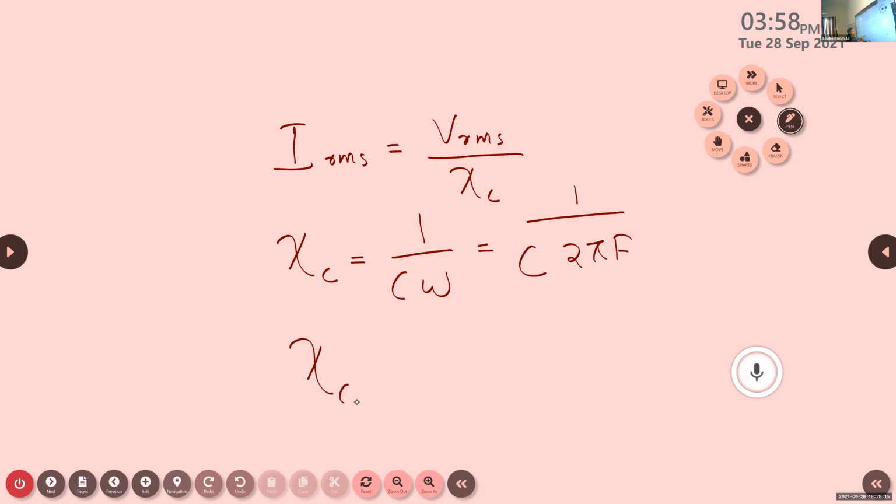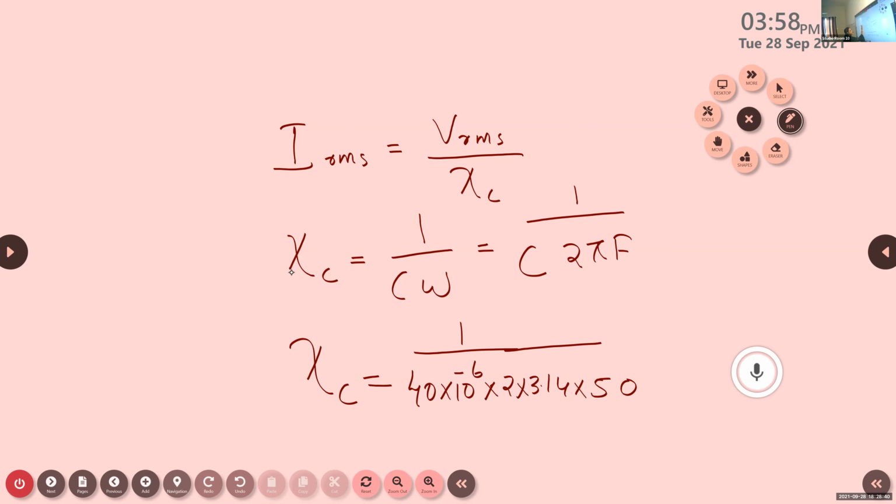So XC is equal to 1 by 40 into 10 raised to minus 6 into 2 into 3.14 into 50.